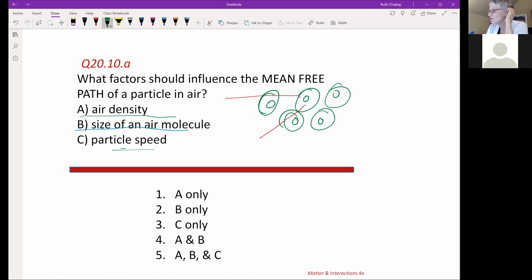Does it depend on the speed of our particle? What the speed tells us is the time between collisions, but not how far it's going to go. So all we care about is distance, not time. So it probably doesn't actually depend on the speed of the particle.